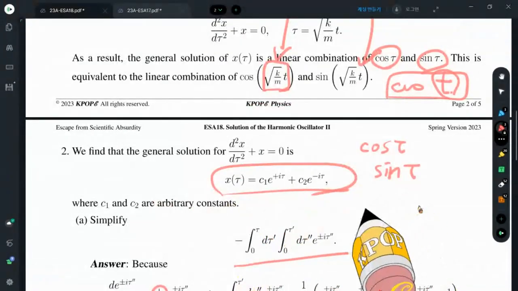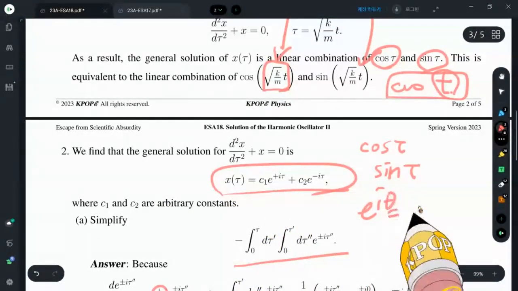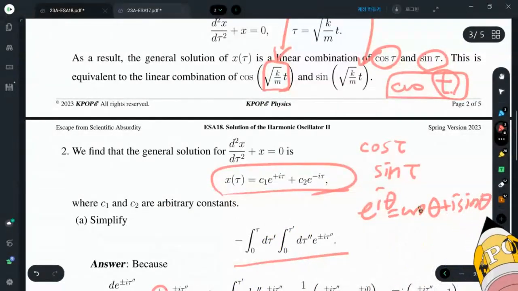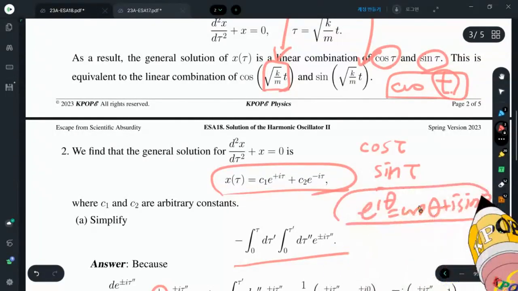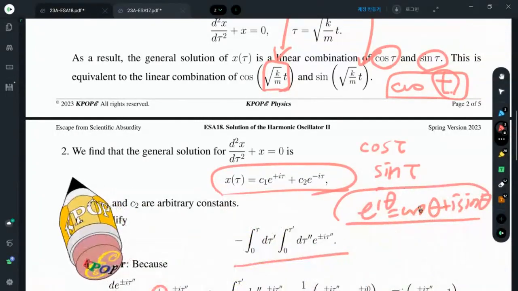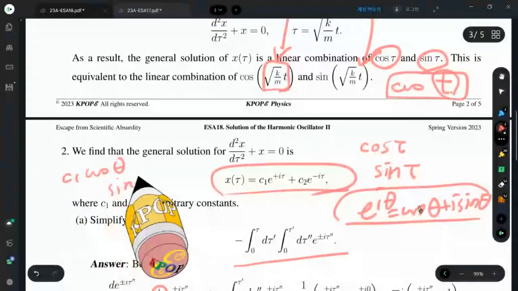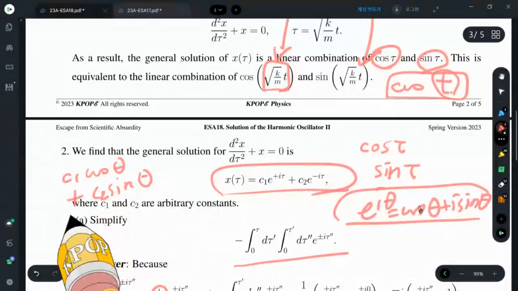Use the exponential, e to the i theta is cosine theta plus i sine theta, Euler's formula, or just a direct substitution of cosine and sine. It depends on your situation.